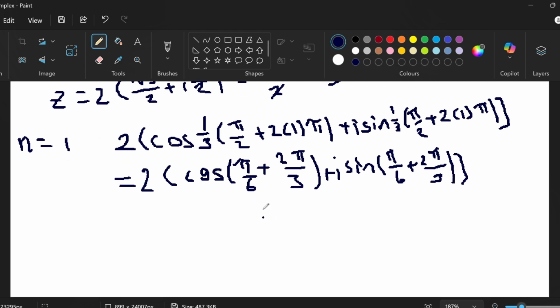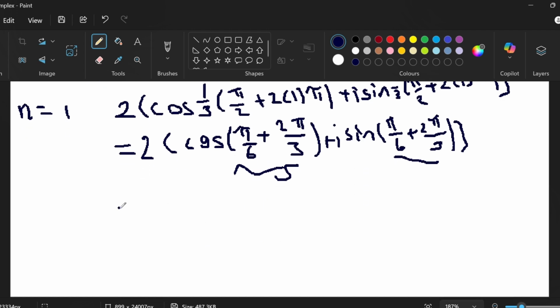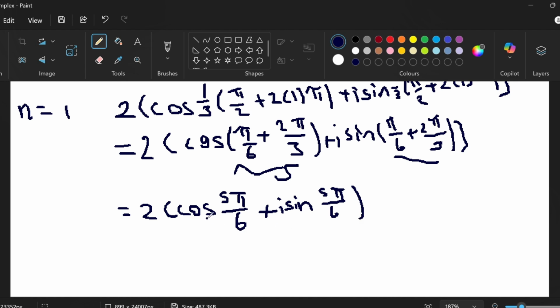And if I don't want to do fractions, I can just type these parts into my calculator. And with that, I get that this is 2 times cosine of 5 pi over 6, then plus I sine 5 pi over 6.